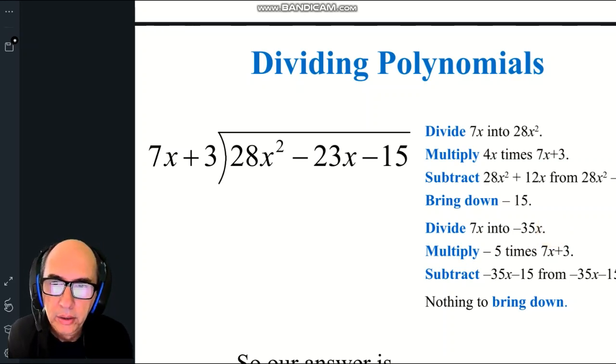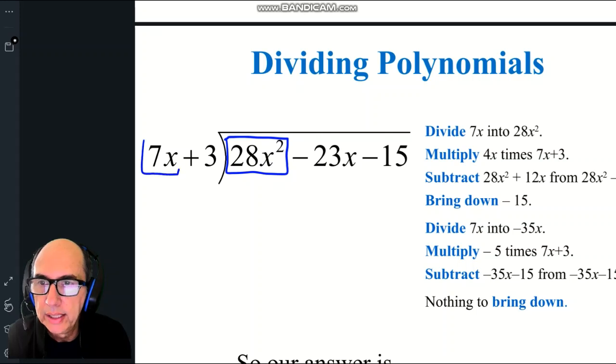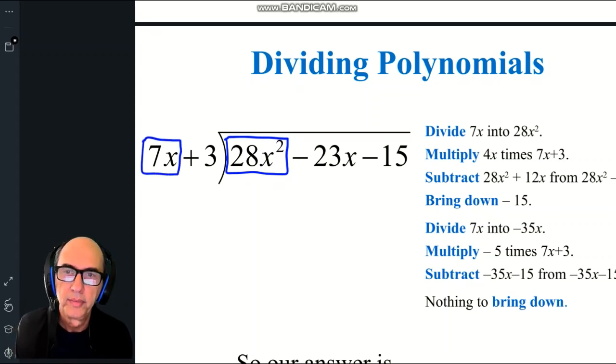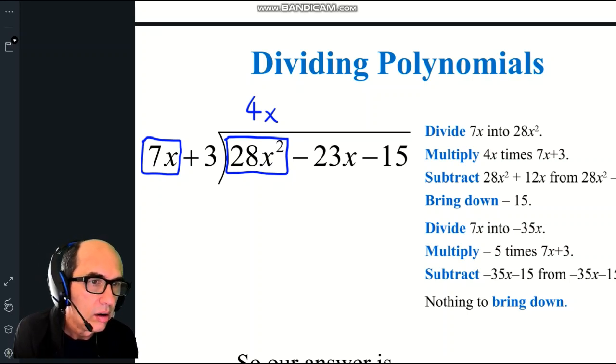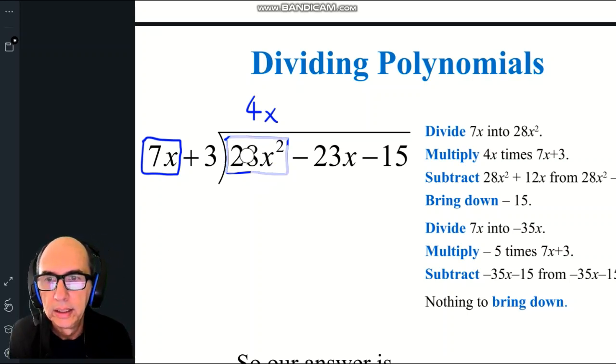First, you get this first term, 28x squared, and you're going to divide by 7x, only 7x. 28 divided by 7 is 4. x squared divided by x is x. Okay? Now, you did this.